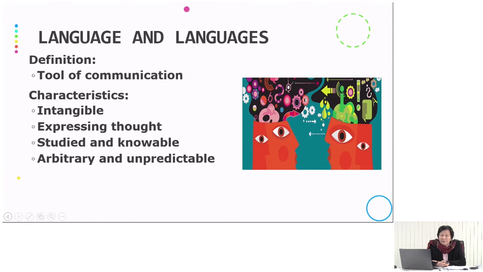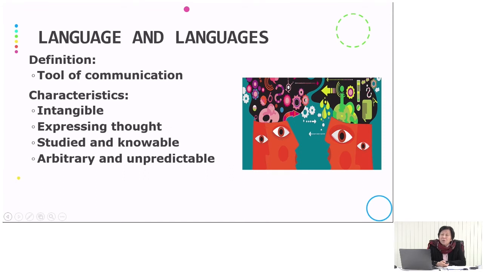Or what are the characteristics of the languages used in this world then? Well, the first one: language or languages are intangible. Tangible means can be touched. Intangible cannot be touched.